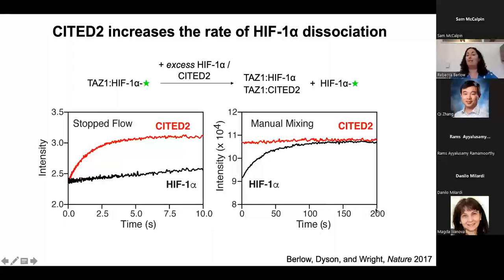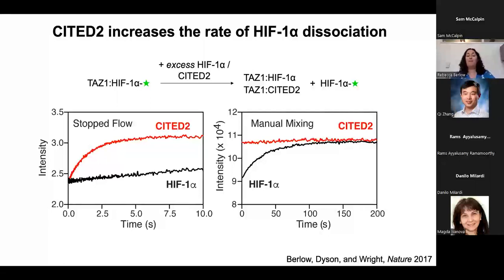And it goes over a span of almost 200 seconds to see that same exponential increase in the HIF1 alpha signal when HIF is competing against itself. But it's worth pointing out that in these manual mixing experiments, the Cyto2 has already fully displaced HIF1 alpha from the complex. And so Cyto2 is able to rapidly displace HIF1 alpha, whereas HIF1 alpha is following a more normal process of displacement in these measurements.